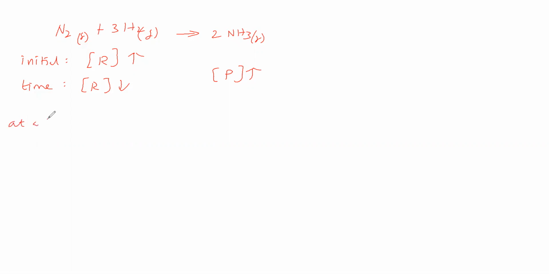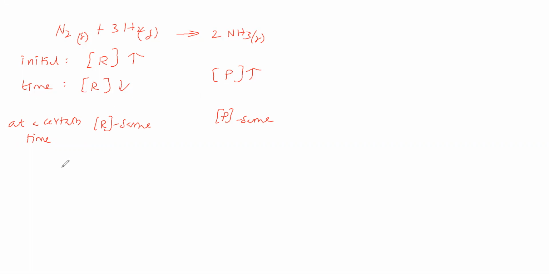At a certain time onwards, the concentration of reactant remains constant and the concentration of product also remains constant. What does it indicate? Initially we took reactants. As time passes, the concentration of reactant reduces because reactants react to give product. The concentration of product rises because product is being produced.